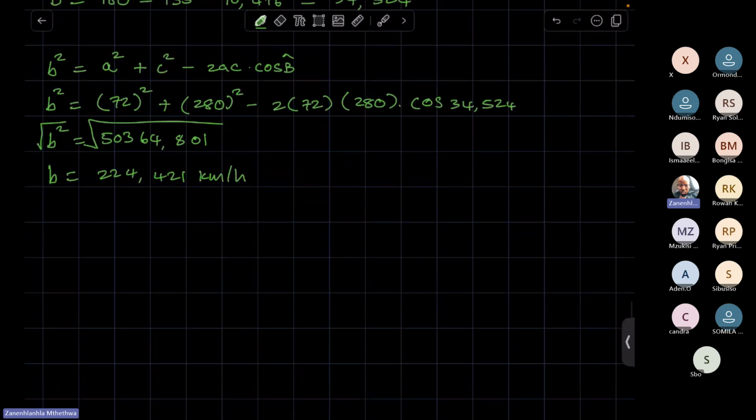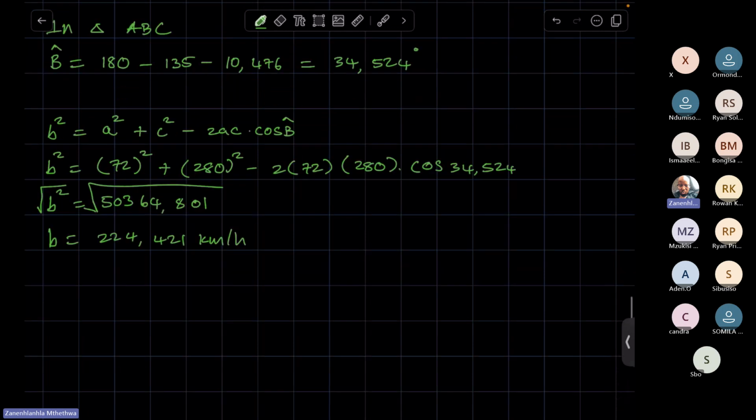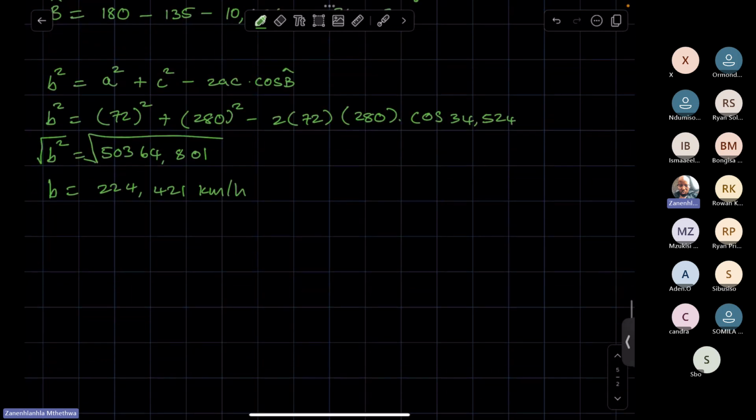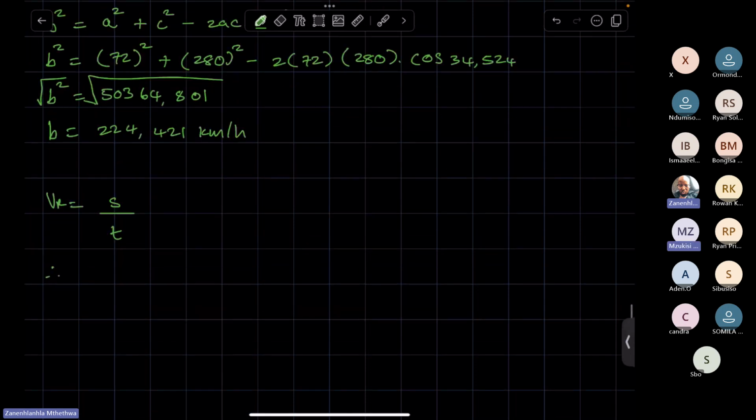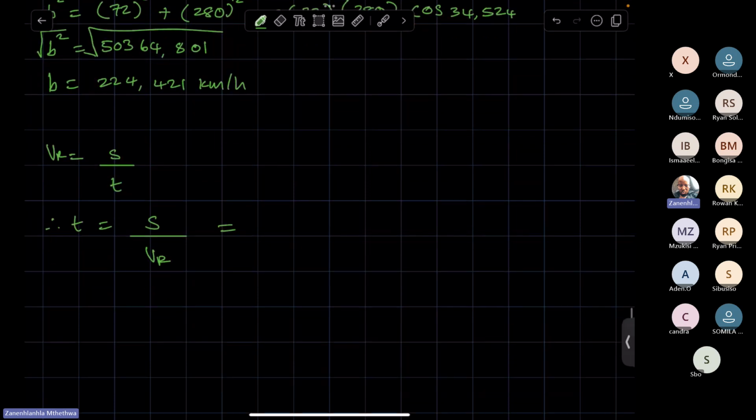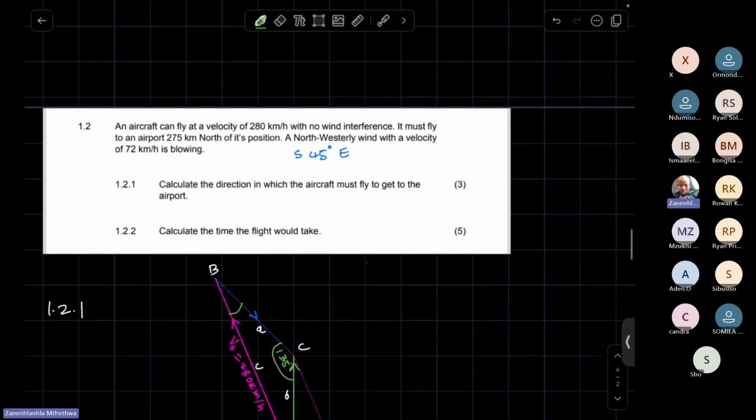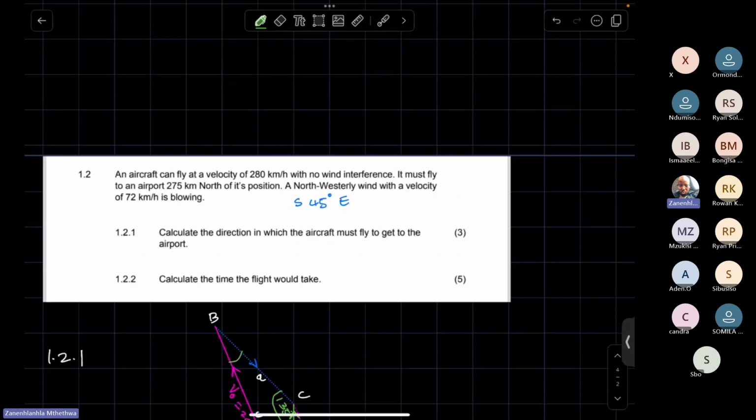What are we looking for? We're looking for the time. So knowing that VR is equal to S divided by T, it therefore means T will be equal to S divided by VR. S is equal to 275.